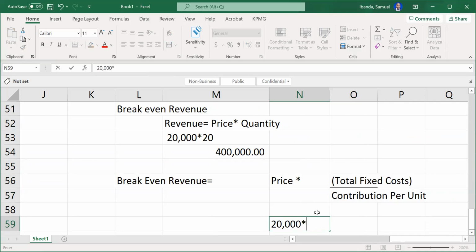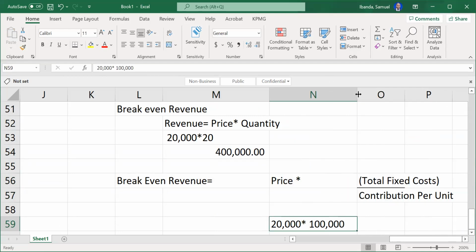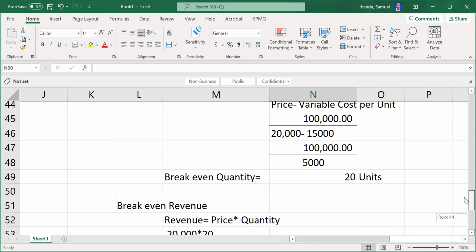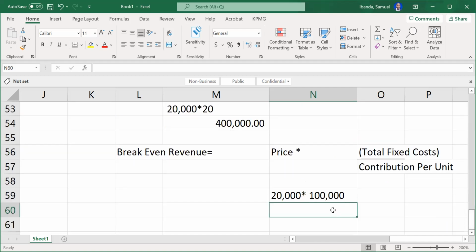So this is being multiplied by total fixed cost, which is 100,000. And we are dividing this by contribution per unit. I already determined my contribution, which was 5,000. So in this case, I'm even using contribution instead as my formula.